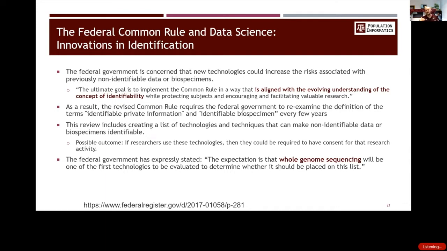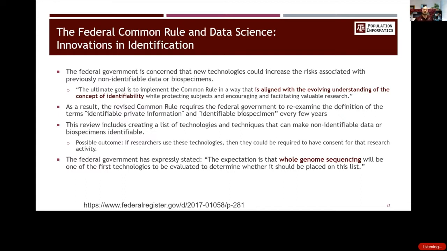And this idea that there are these innovations, new technologies and techniques, that can be used to identify an individual from data or a biospecimen is a very real concern of the federal government.